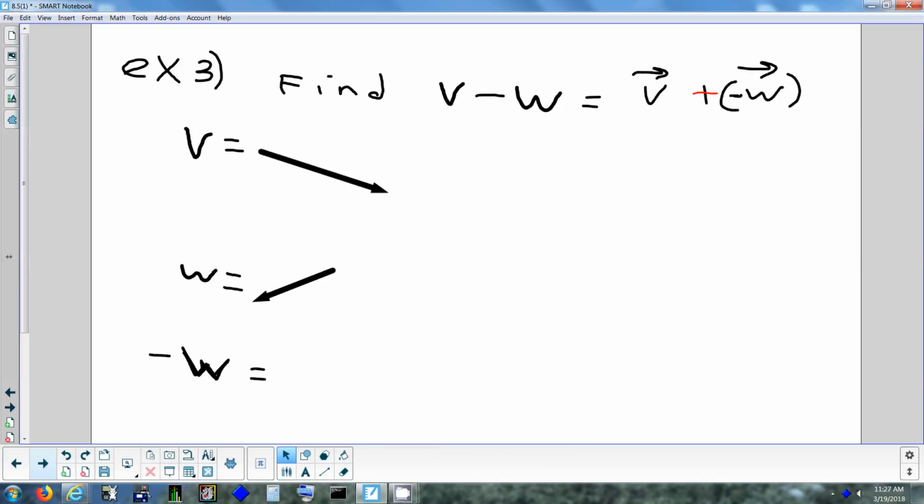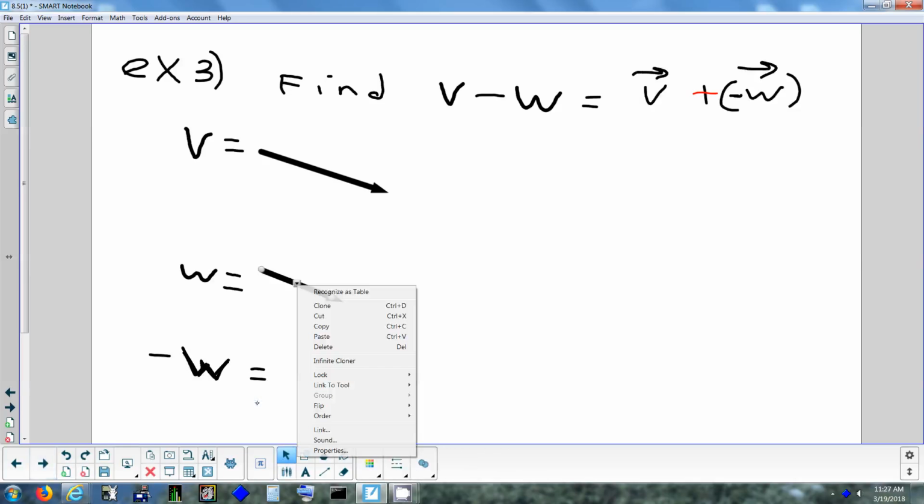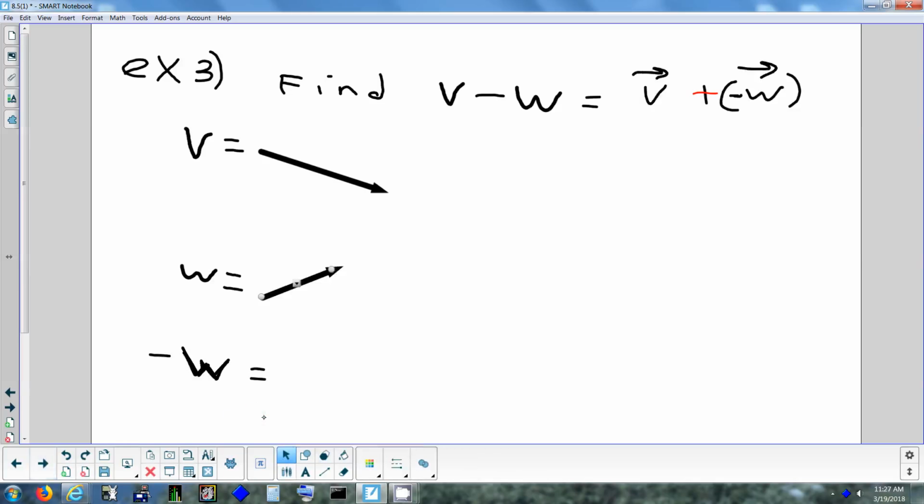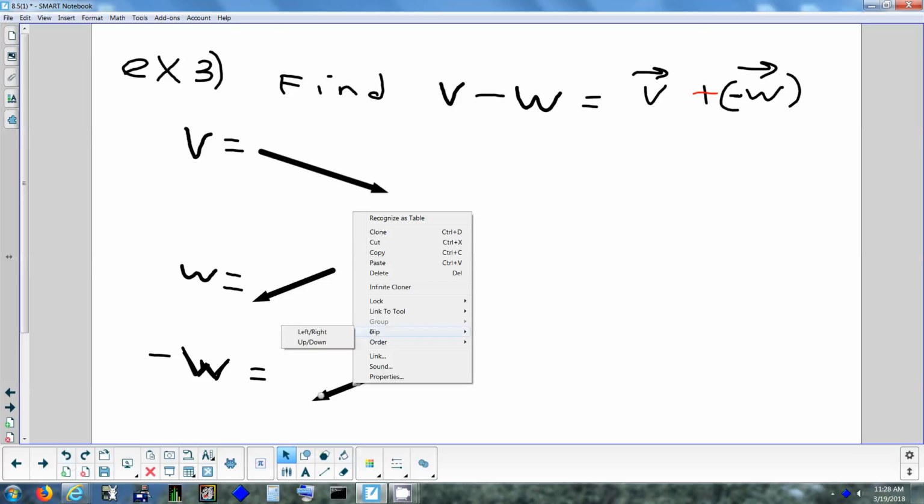So for me on the smartboard, it's really easy to just flip it around. I don't have a thing that says rotate 180, but what I can do is flip it left, right, and then flip it up, down. And now it points exactly the opposite way. If you want, I can leave the original, and I'll do it separate. That was the original. Flip left, right.